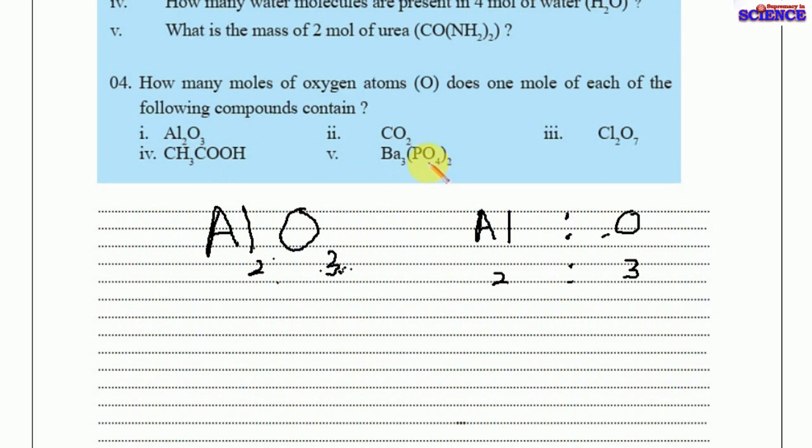And this one also I told you, this bracket means this 2 belongs to both of these atoms. But they are asking about oxygen, so we just get it like this. Barium you have 3, phosphorus you have 2, and oxygen you have 2 times 4, that is 8. So the 8 moles of oxygen are present for 1 mole of barium phosphate, right? So like that you can check the answers for those.